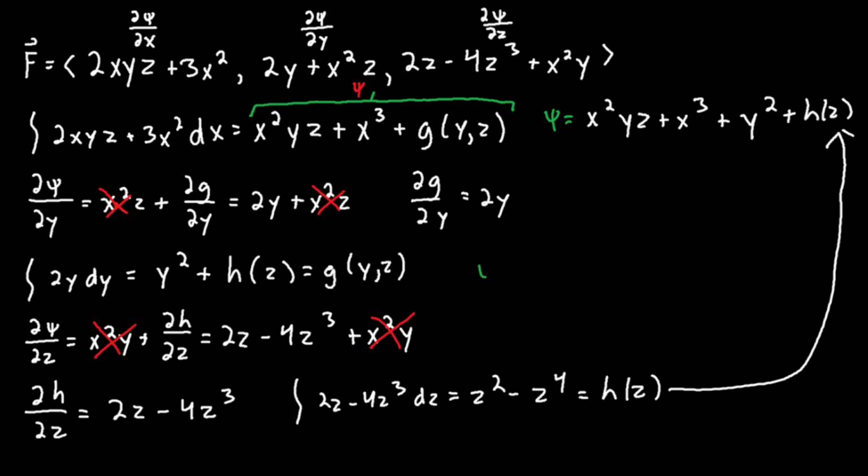And if we were to do that, we would get phi, let's put that here, phi is equal to x squared yz plus x cubed plus y squared plus z squared minus z to the power of 4. So besides some arbitrary constant that is impossible to find unless you're given a point on this potential function, this is our answer for our potential function.